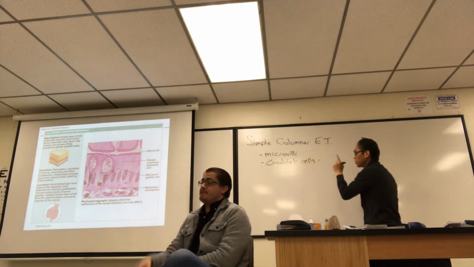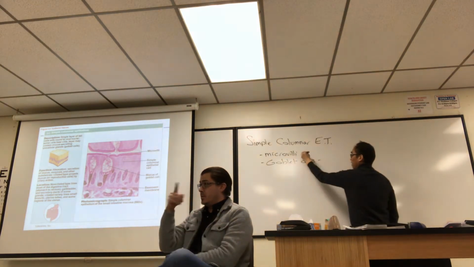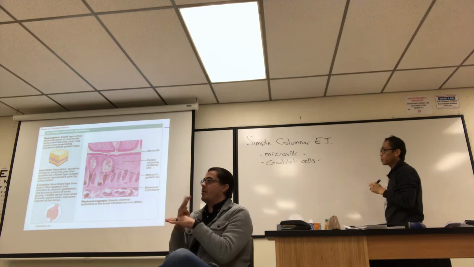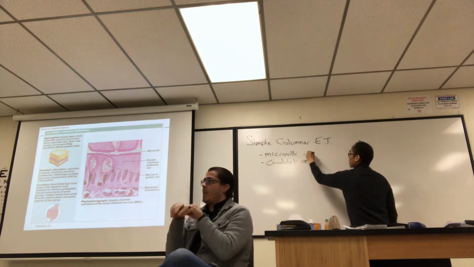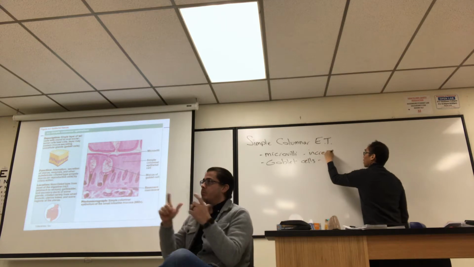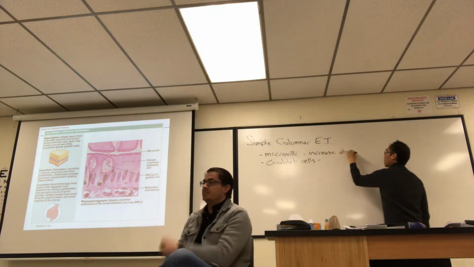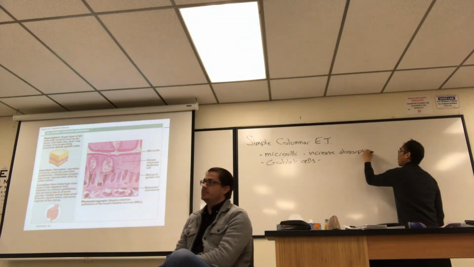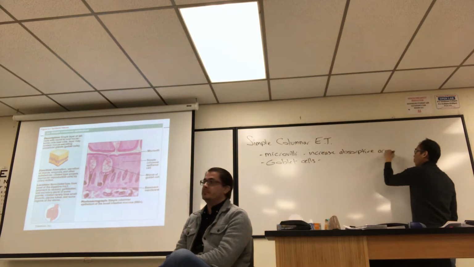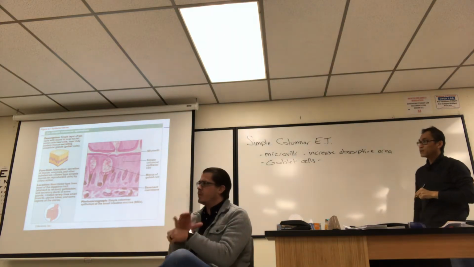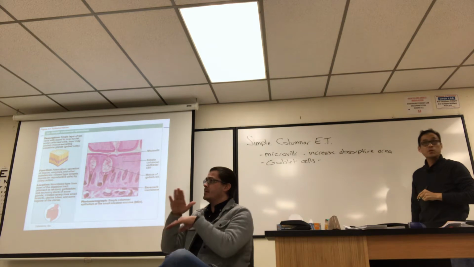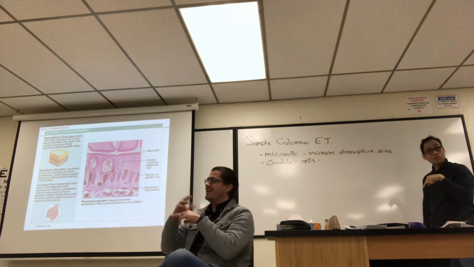Remember, the function of microvilli is to increase the absorptive area, but not of the whole cell. Look where it is. It's on the top. So it increases the absorptive area on the apical side.